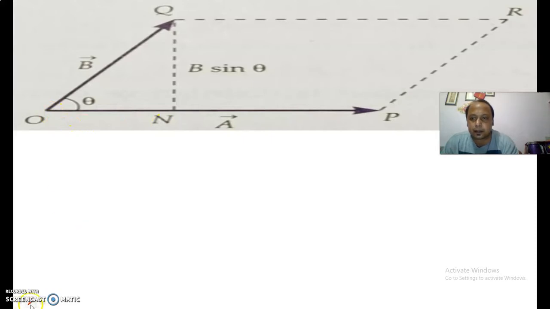Then we need to draw a triangle, starting from the point Q, and we draw a line. Please pardon me if the line is not straight, but the triangle which we get here is OPQ.